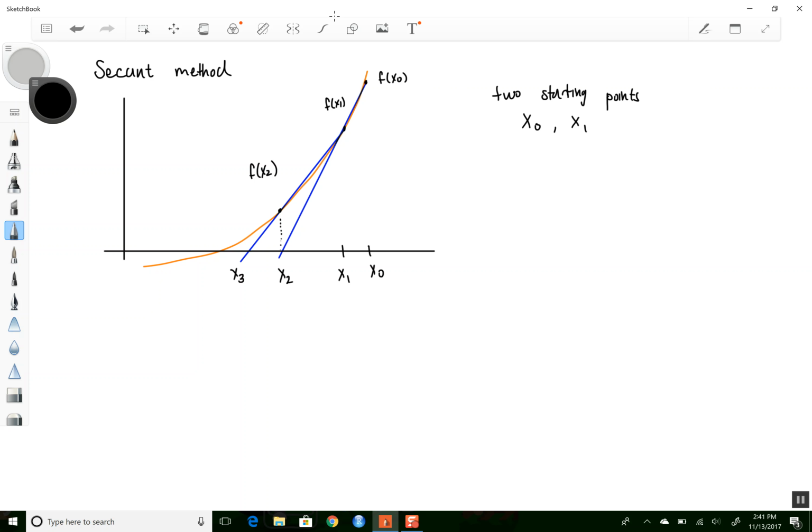So how do we do this? Let's take a look at this triangle. We'll start at x1 and try to figure out how to get to x2. Here's my rise, and then we want to figure out the run.